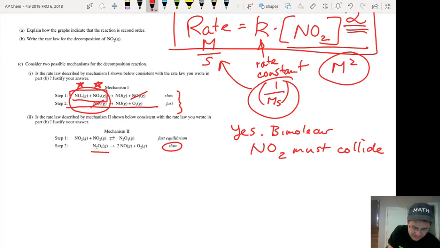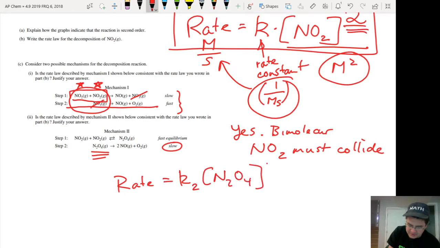The rate looks like k step 2 times N2O4, and since it's unimolecular, that looks first order in N2O4, which doesn't match what's in the box. That's where they try to get you, but you quickly realize that N2O4 is an intermediate.